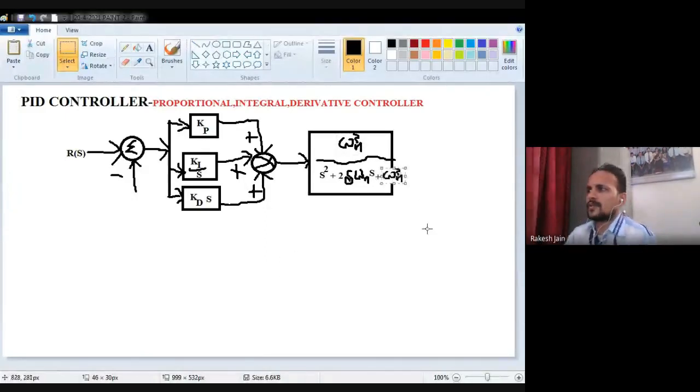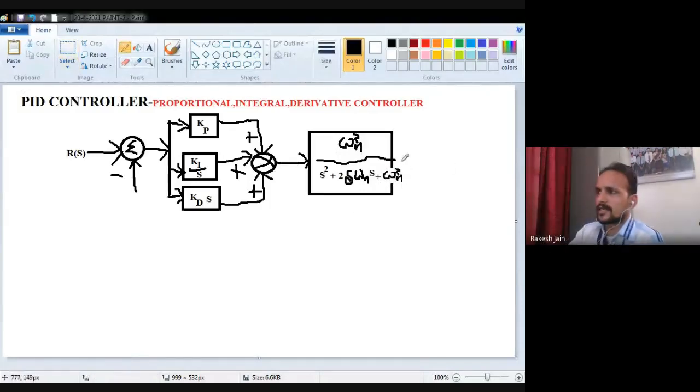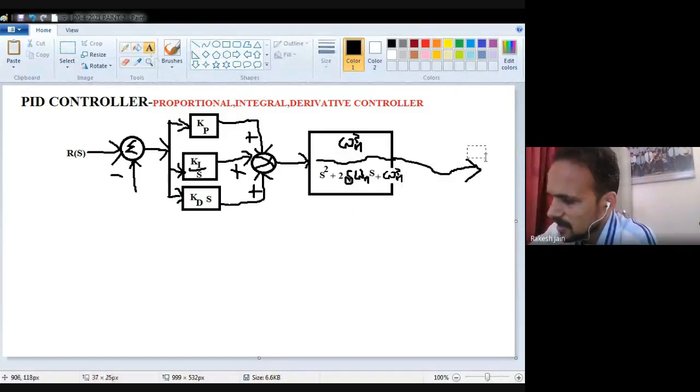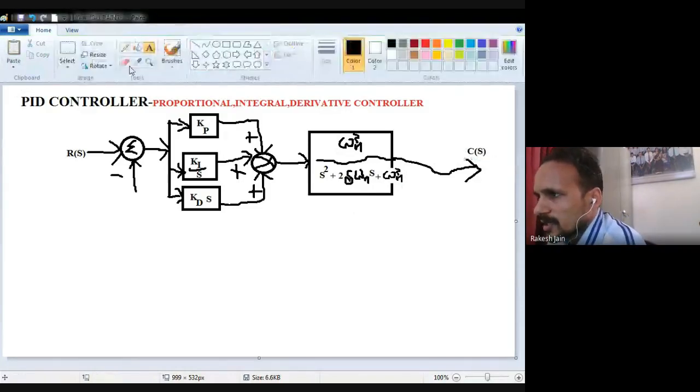Yes, so this will be the second block, that is the plant. And from this we will find the output, and the output is always represented as C(s). So I just write C(s), and some part of this output will be fed back to the input. That's why it is connected with the input side.